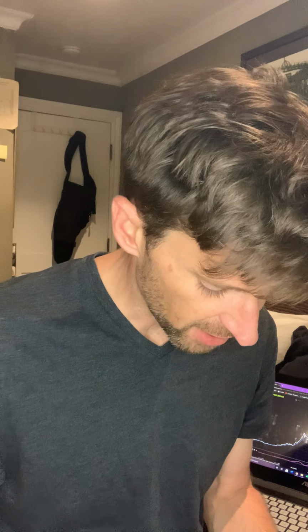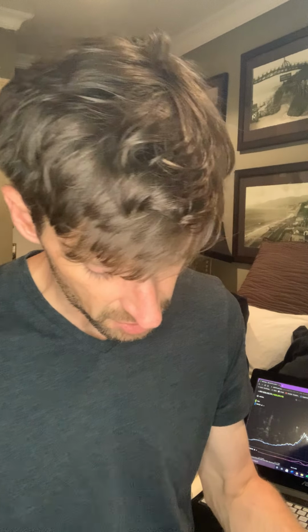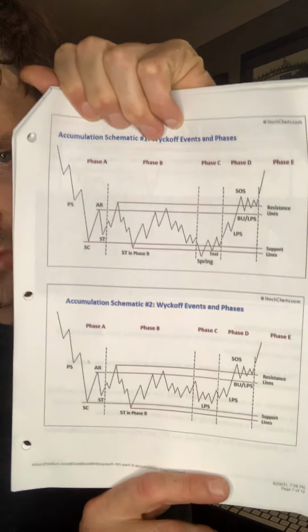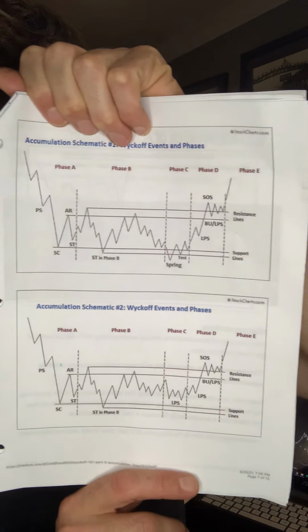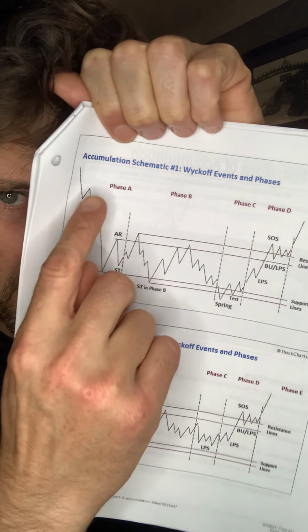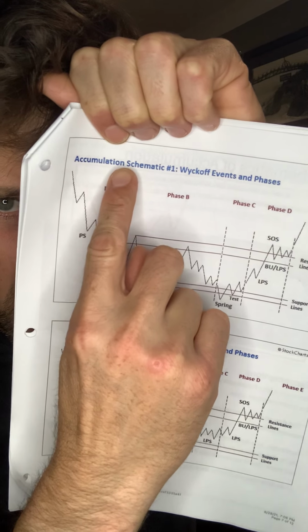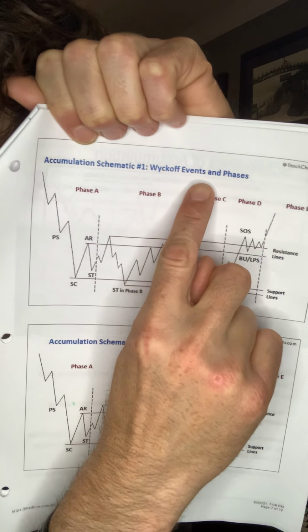There are a range of accumulation schematics. Some work very well, other times you have to use your understanding of Wyckoff and the signals in order to form your own TR, which is the beginning of everything. This is what I've shown you guys before: the Wyckoff schematics, events and phases.